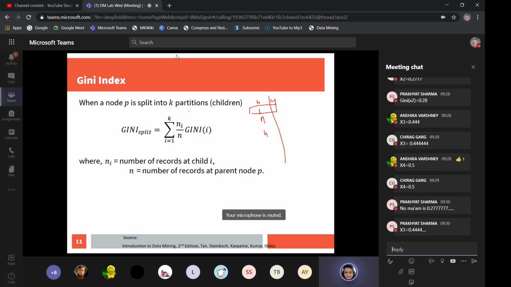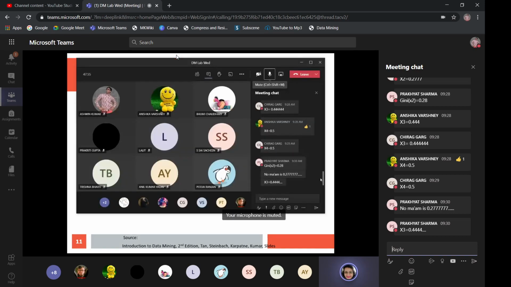So if you split on the height category, your partitions are multi-way: low, medium and high.